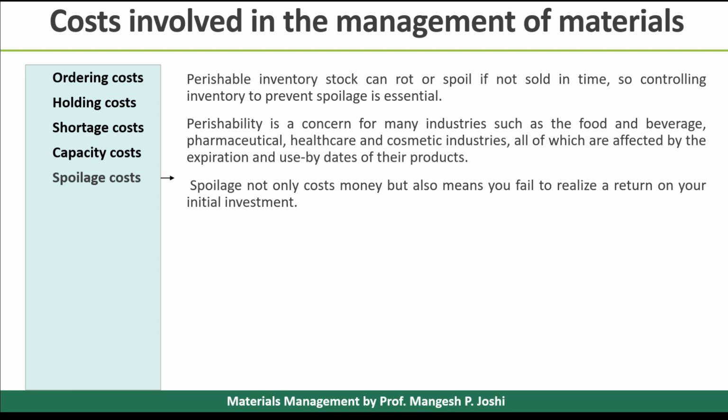You may have seen the expiration date on pharmaceutical products or the use by date on your daily products, dairy products as well. The spoilage not only costs money but also means you fail to realize a return on your initial investment, right?